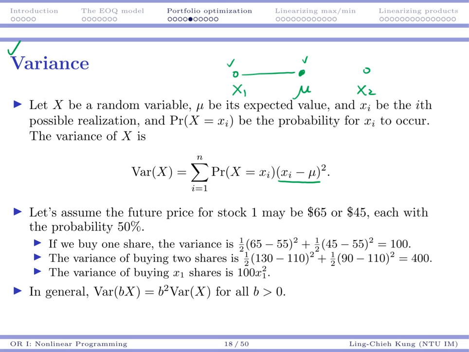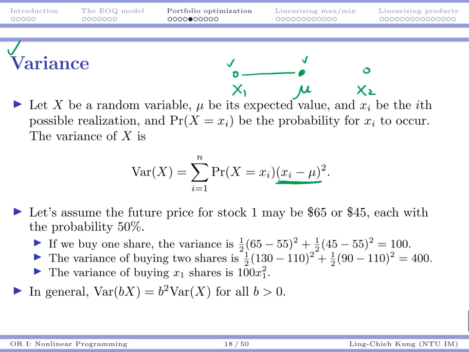If all the possible outcomes are close to your expected value, your variance is smaller. If they are far from the expected value, you have high variance.